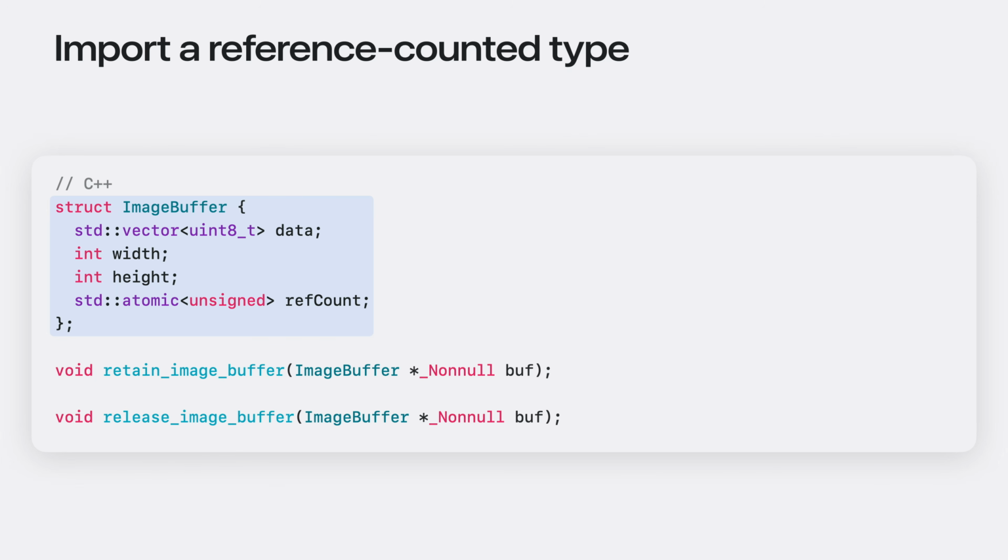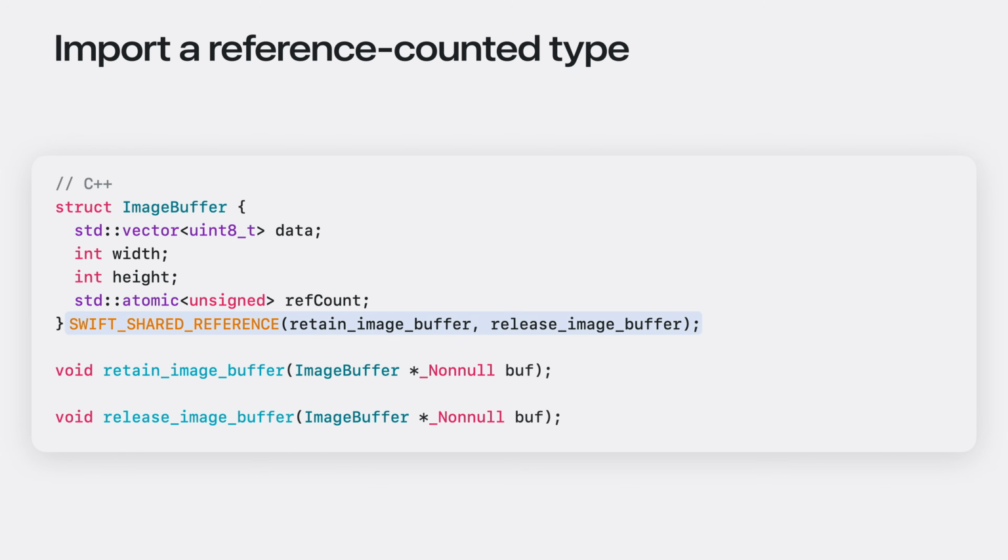I want image buffer to be imported as a reference counted type in Swift, so the compiler can automatically manage its lifetime. To do that, I'll use the Swift shared reference annotation to tell the compiler what functions Swift should call to increment the reference count and to decrement it. Now, Swift sees image buffer as a reference counted type.